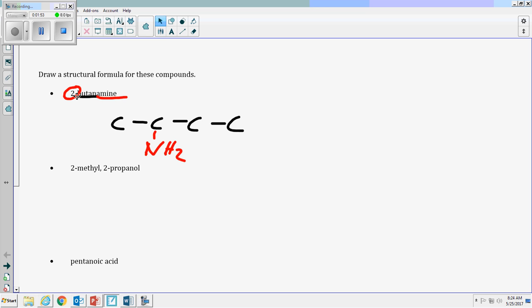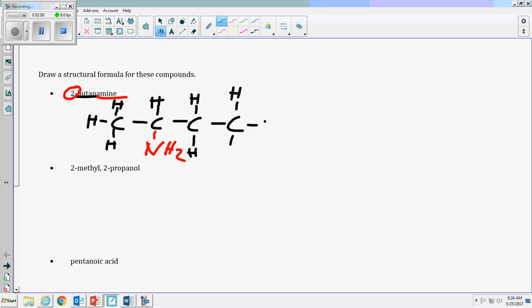That takes care of everything in the name, so the rest is hydrogens until every carbon has 4 bonds. Don't forget to add those hydrogens in the end, because otherwise you don't have a complete molecule. Good. And that's really all there is to it.